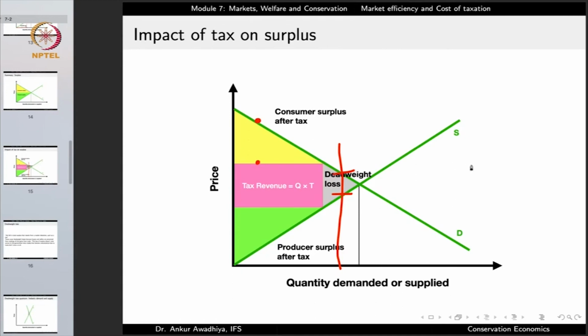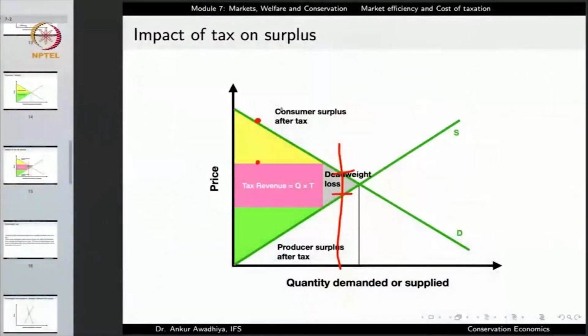So the value to the buyer is greater than the cost to the seller. But because of taxation, it is no longer lucrative for the seller to produce the good at this quantity, at this high cost, because when the seller has to pay the tax, the point with the tax would reach above the demand. So this transaction just does not occur in the market because of the tax.